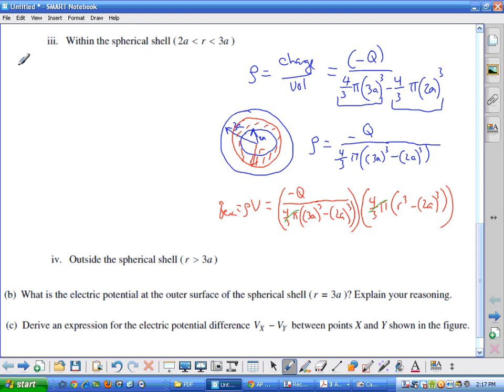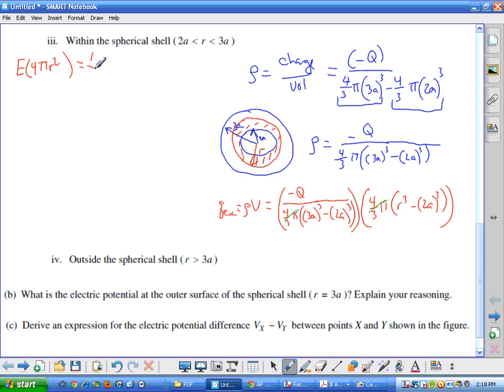And so Gauss's law is going to tell us that E times 4 pi r squared is going to equal this whole enclosed charge. Again, it would be okay to start from this step right here, just because we had gone through and shown that in several steps.